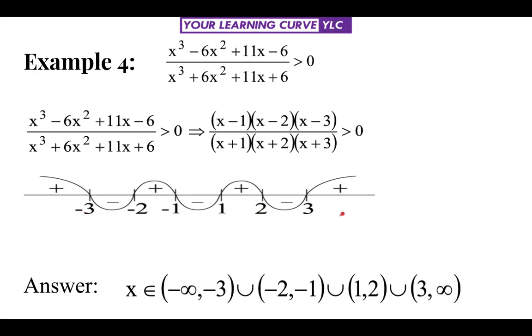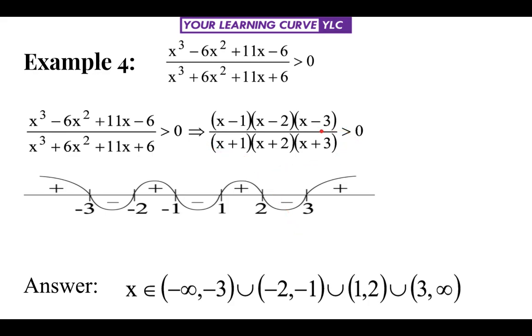Now we will put the positive sign at the extreme end, that is beyond the largest number. Start with positive. All the exponents are odd, so we don't need to consider the power because we have to change the sign every time we cross a factor.